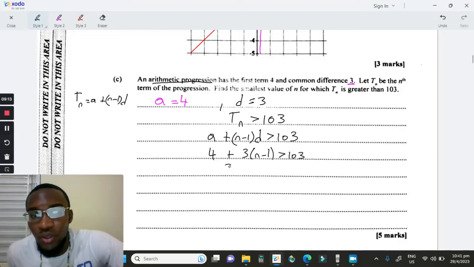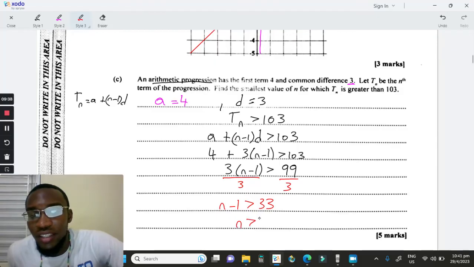Subtract 4 from both sides, so that's 3 in bracket n minus 1 is greater than 103 minus the 4, which is 99. Next thing we do is divide both sides by 3. So n minus 1 is greater than 99 divided by 3, which is 33.